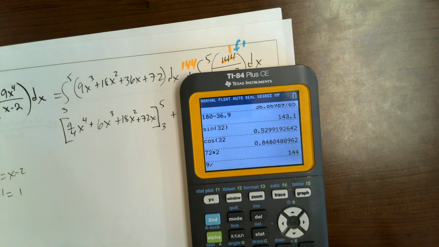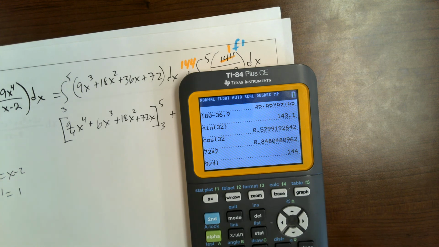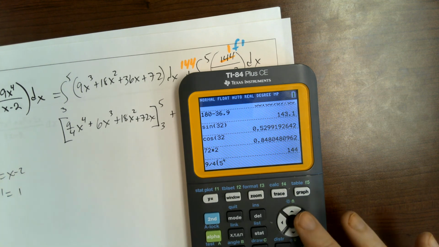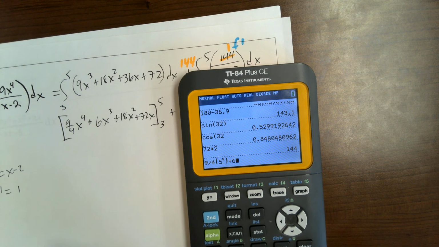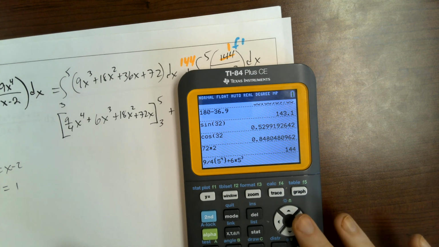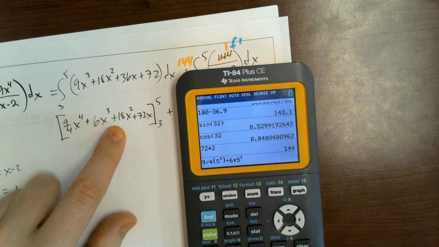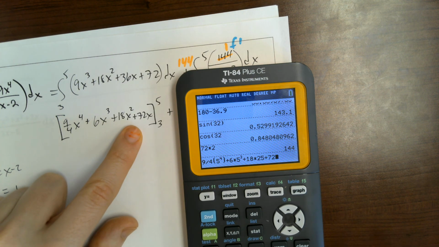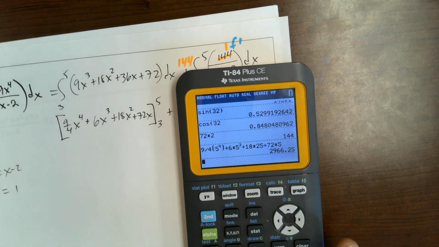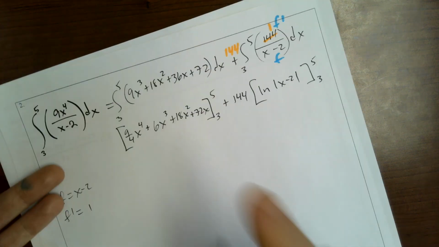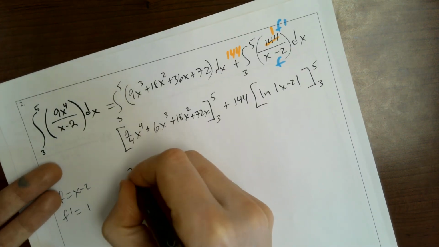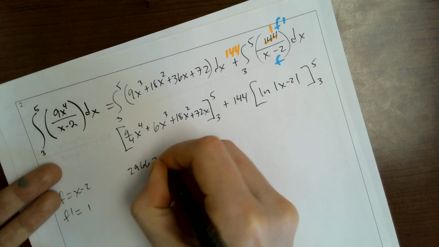So 9/4 times 5 to the 4th plus 6 times 5 to the 3rd plus 18 times 25 plus 72 times 5. That's a big number. I know it's a fraction, so I'll just use the decimal because this decimal is exact, since there's only 2 decimal places.